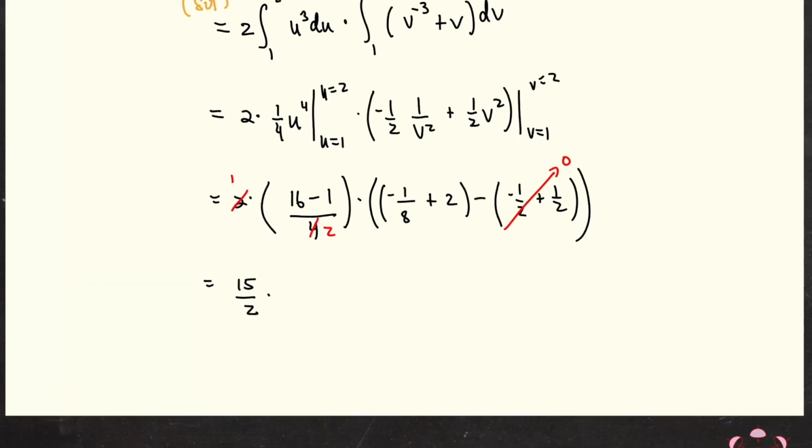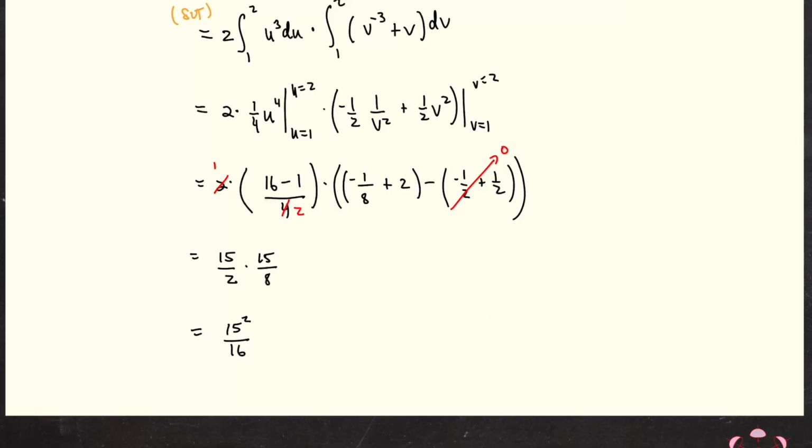What is that? I guess multiply 2 by 8 divided by 8, giving me 16. So I've got 15 over 8. And one more step, we've got 15 squared divided by 16. Pretty satisfying looking answer here.